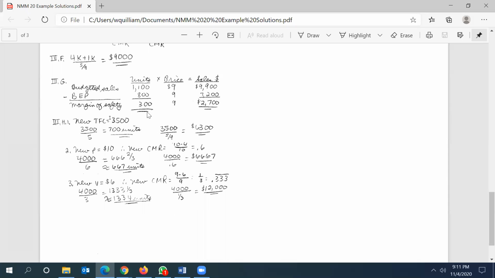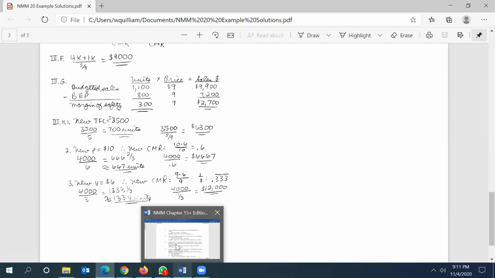Subtract, and we get a margin of safety of 300 units, or $2,700. So again, our current sales could drop by 300 units or by $2,700 before we get to the loss category, which of course we want to avoid. It could drop by that much before we go from black to red. Okay, so it's a nice little cushion that we have so far.